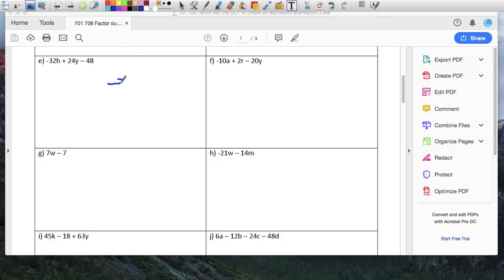This one is just longer, the same idea though. -32h plus 24y minus 48. We can do 2. Can we go higher? We can do 4.